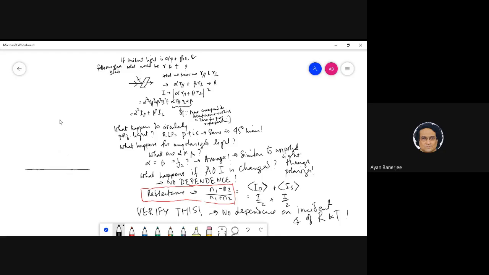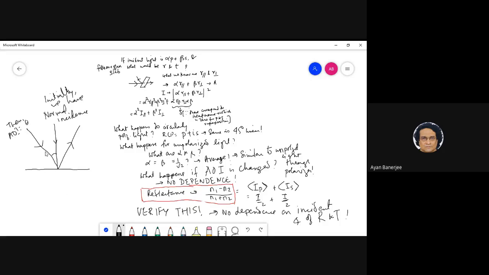This is my incident ray initially, and suppose normal incidence, and then I make an angle. Initially we have normal incidence, then the AOI is some theta.